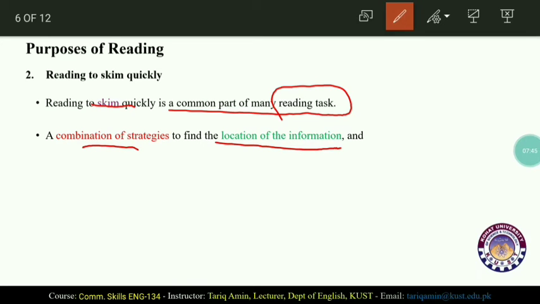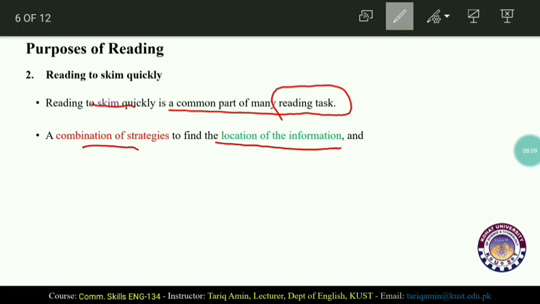Now you apply the strategy of skimming in order to locate where my information could be. After applying this strategy, you come to know that my information could be in the 4th paragraph, which is about teachers of Kohat University of Science and Technology. So this is the combination of these different strategies to look at the information.